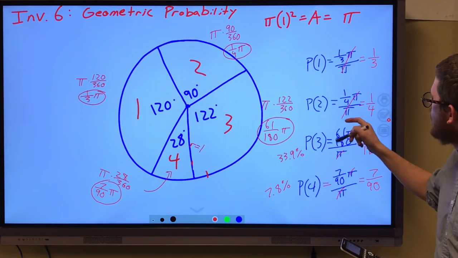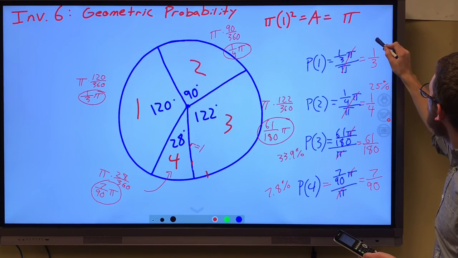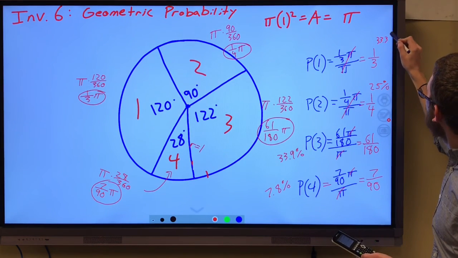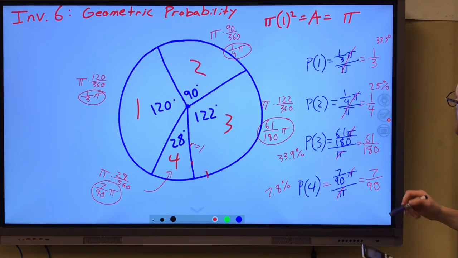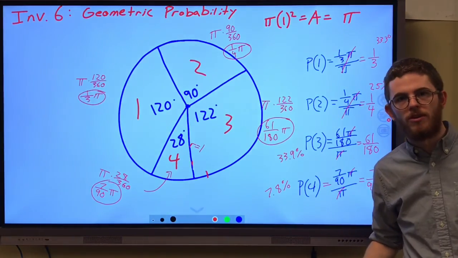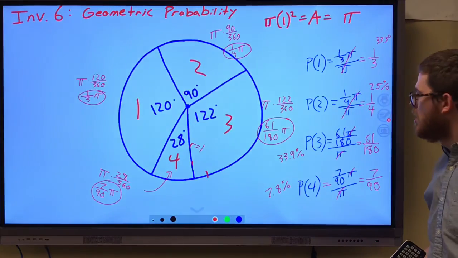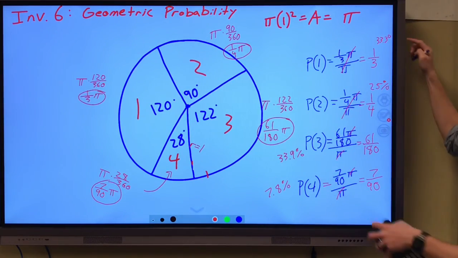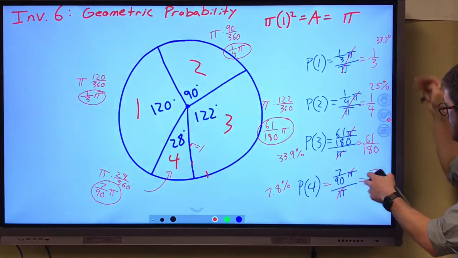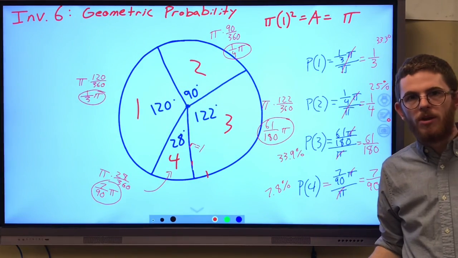Of course, we know 1/4 is 25%, a third, 33.3%. And notice if we add these up, 33.3, 25, 33.9, 7.8, that's 100%. All right, this is everything that can happen right here. Of course, these have been rounded, these that I had decimals, but the fractions keep exact probabilities for us.